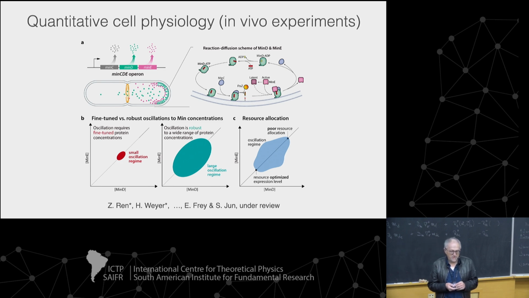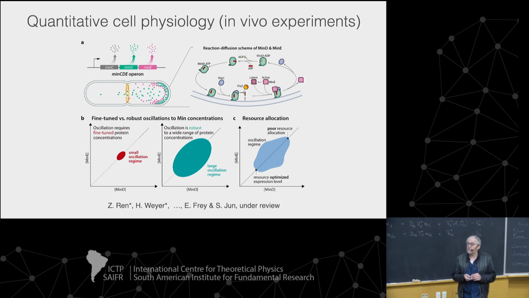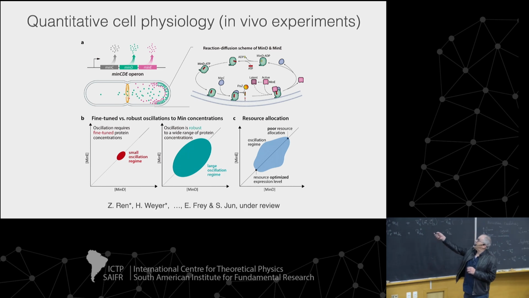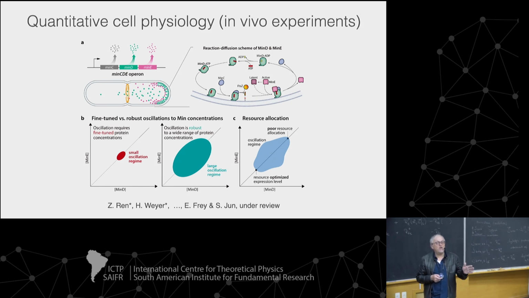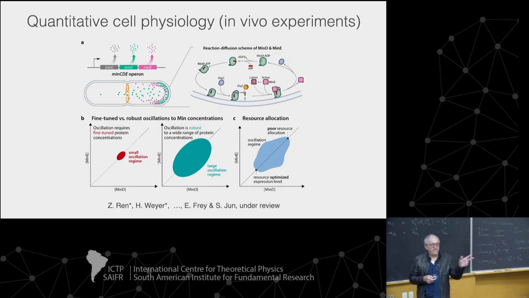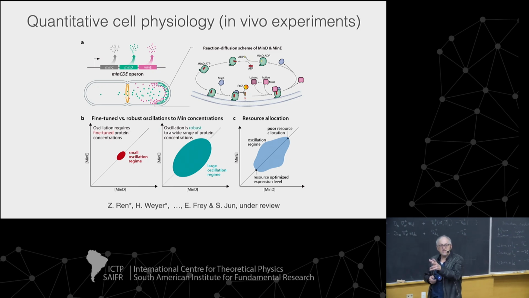And what they do is what I cannot explain to you quite well, but they change the transcription of the min C, D, and E proteins in a controlled fashion. And to make a long story short, they can make an in vivo phase diagram varying the min E concentration in the living system and varying the min D concentration in the living system.